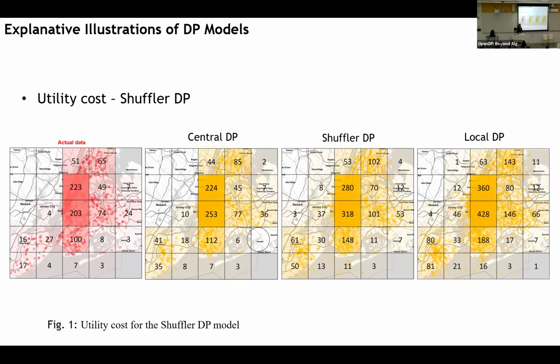Considering our participants could be end users, those pattern changes might not be intuitive to them. We add another layer by using a grid, and within each grid, we depict the number of participants within that grid. As you can see, there is a lot of change in this number to indicate the associated cost of leveraging different DP trust models and mechanisms.